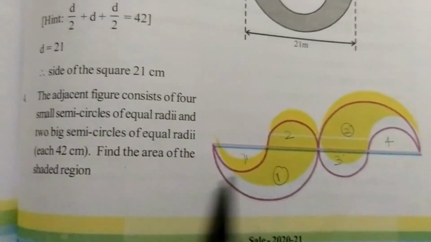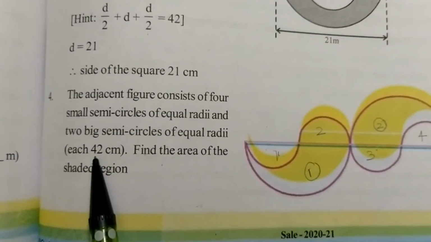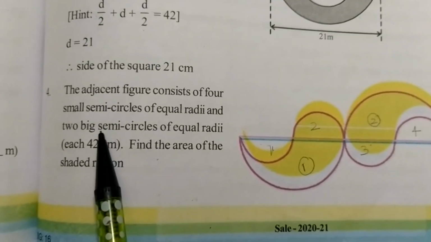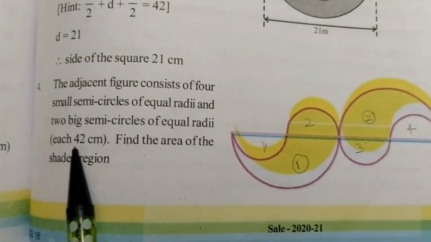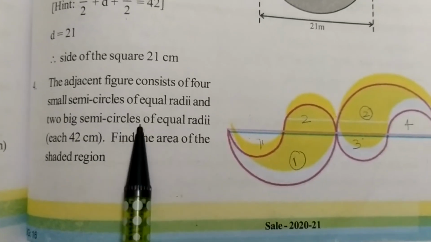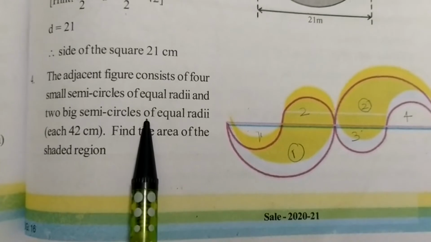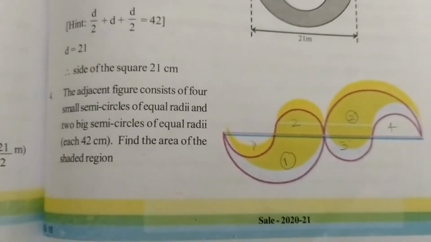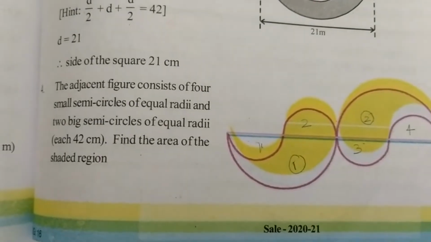For this, one hint is given here: the 2 big semicircles are of equal radii, 42 centimeter each. Let us find the area of the shaded region.